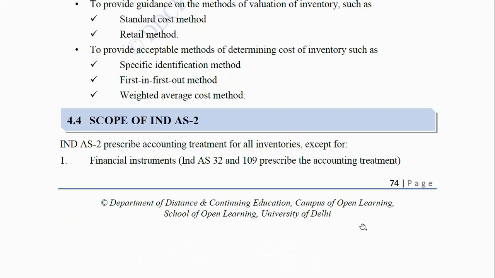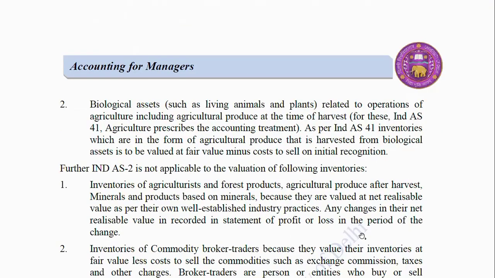4.4, Scope of Ind AS 2. Ind AS 2 prescribes accounting treatment for all inventories except for, number 1, financial instruments covered by Ind AS 32 and 109, which prescribe their accounting treatment. Number 2, biological assets such as living animals and plants related to the operations of agriculture, including agriculture produce at the time of harvest.